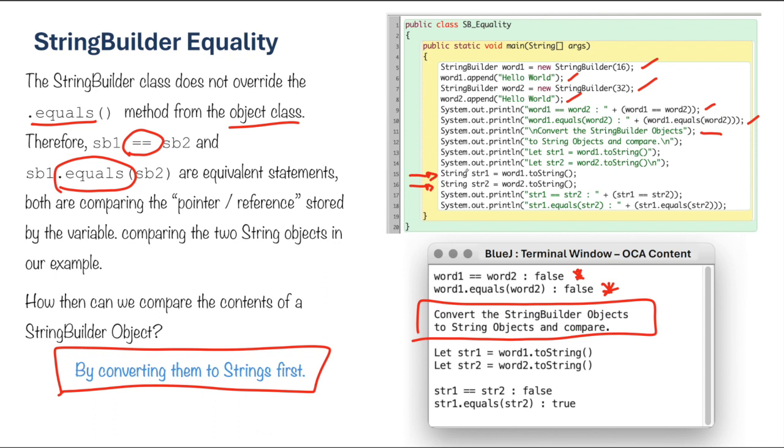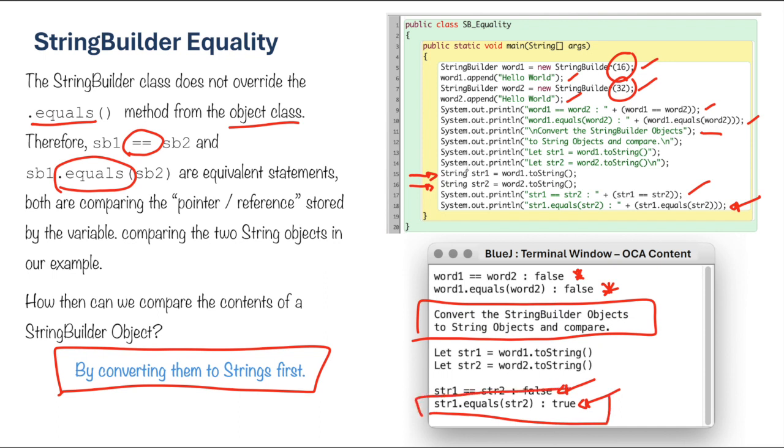And when we compare them, we see that a double equal sign still produces a false, but the .equals method, which is now defined for the String class, returns a true. So even though word2 had a greater capacity of 32 versus 16, that has no bearing on the .equals when we convert it to a string. It just takes the characters it's actually storing, and it showed that yes, they were both storing the same hello world characters, and it came out true.